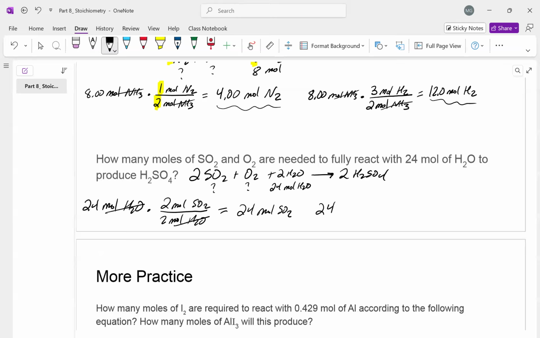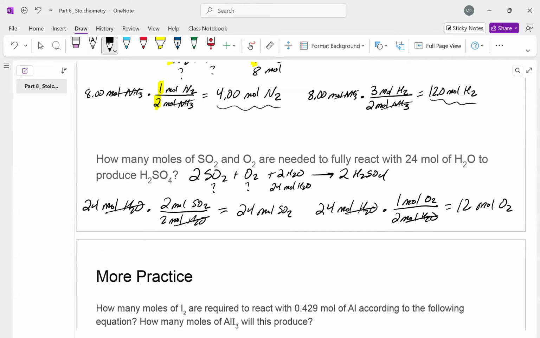All right, again, I'll start from the same place. 24 moles of water. The balanced equation says 2 moles of water requires 1 mole of oxygen. And so I'll need 12 moles of oxygen in order to do this reaction completely.